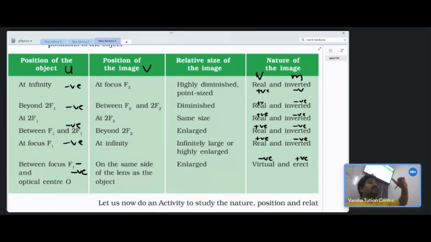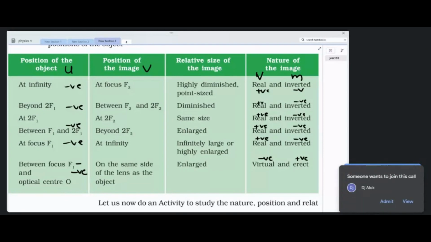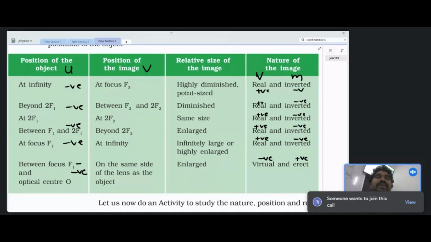Earlier, in the mirror, whatever sign M has, V also has the same sign. But here it is reverse. If M is positive, V should be negative.